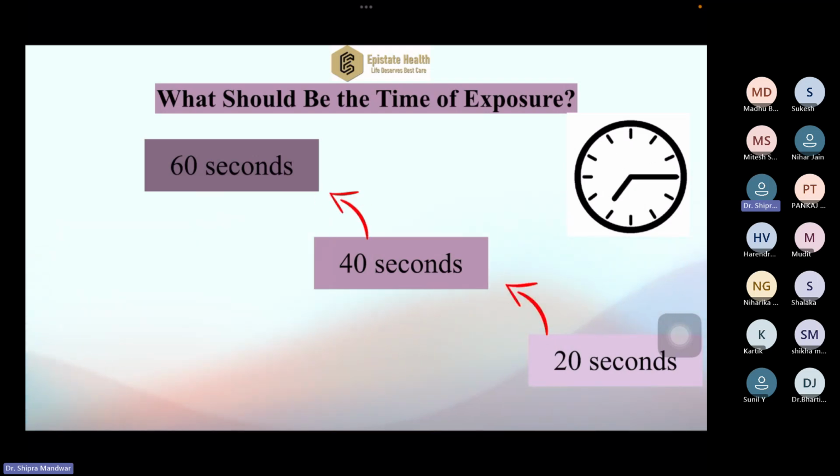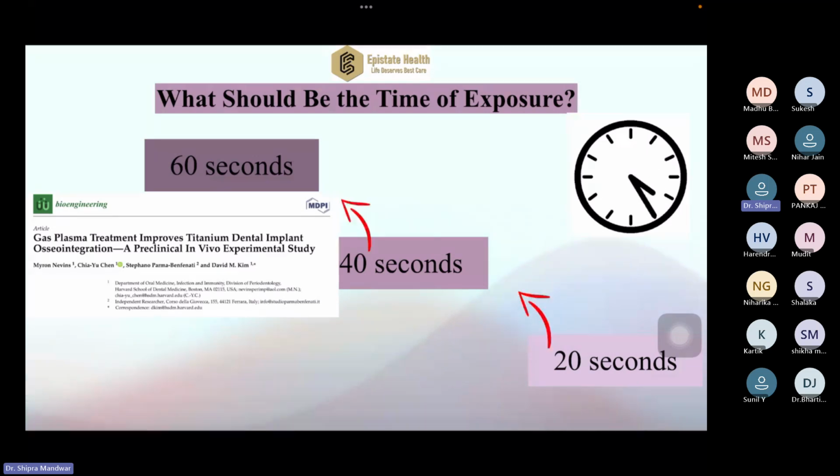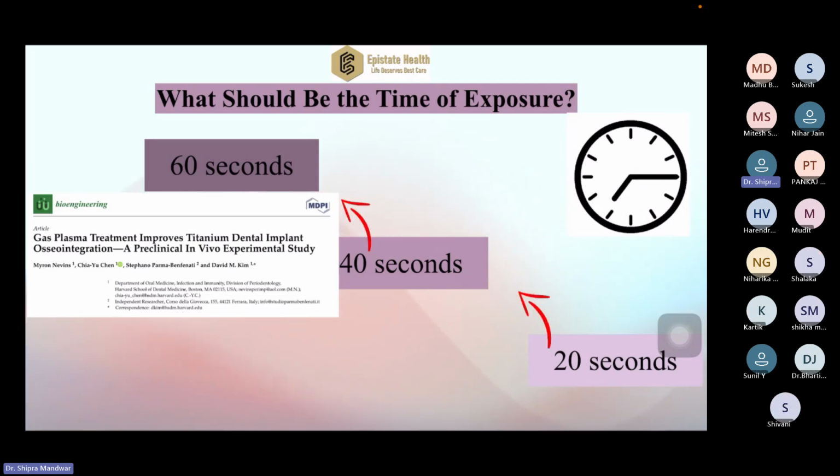And there is one more article where they suggest that almost 60 seconds is required to completely achieve hydrophilicity. So of course there are pluses and minuses, and there's confusion about what the time of exposure should be.